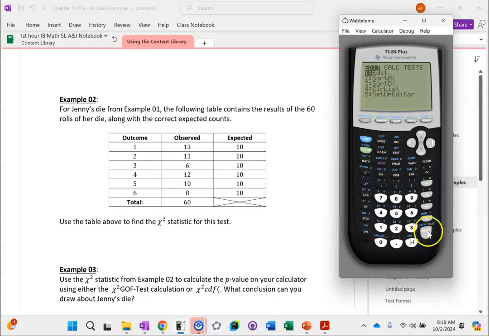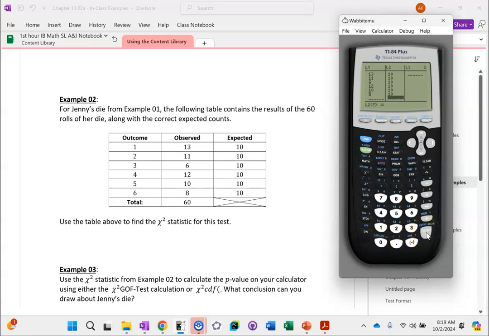So I'm going to go stat edit. In L1, I'll go ahead and type in my observed. If you have your calculator with you and wish to follow along, not a terrible decision. Note that I'm not typing the 60 down there. Okay.